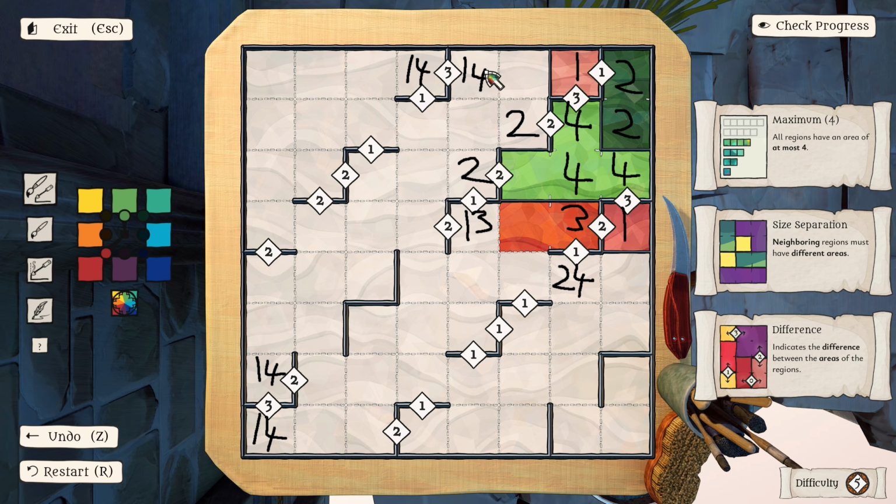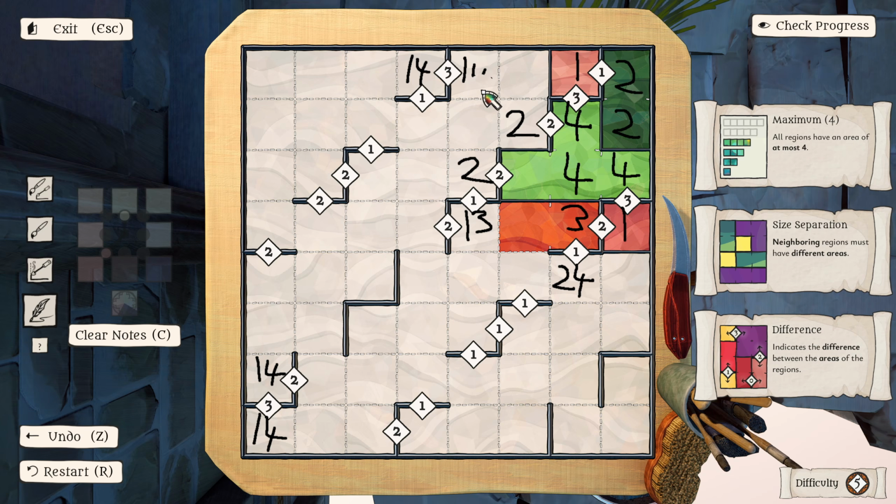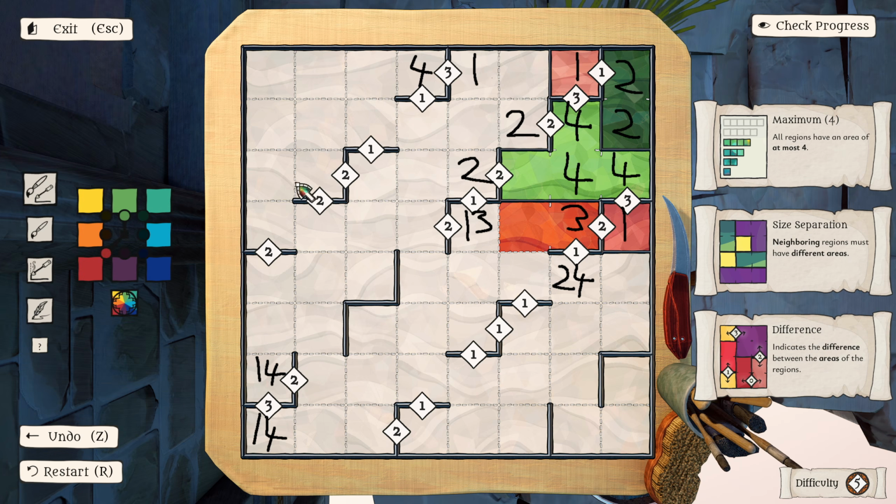Which means that technically this could still be the 4, because it could go 2, 2, and the 4 going out like that. Except it can't, because it can't be a 4 with a 1 difference to a 1. Therefore, I believe that means this has to be the 1, this has to be the 4.